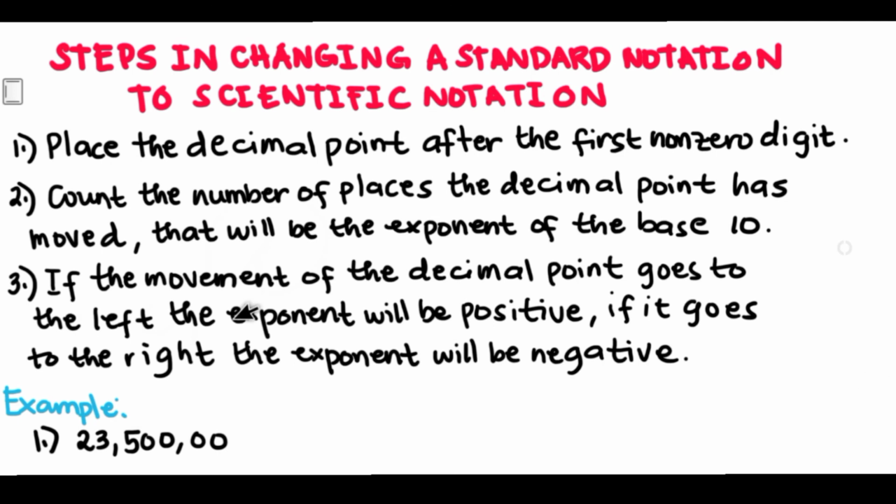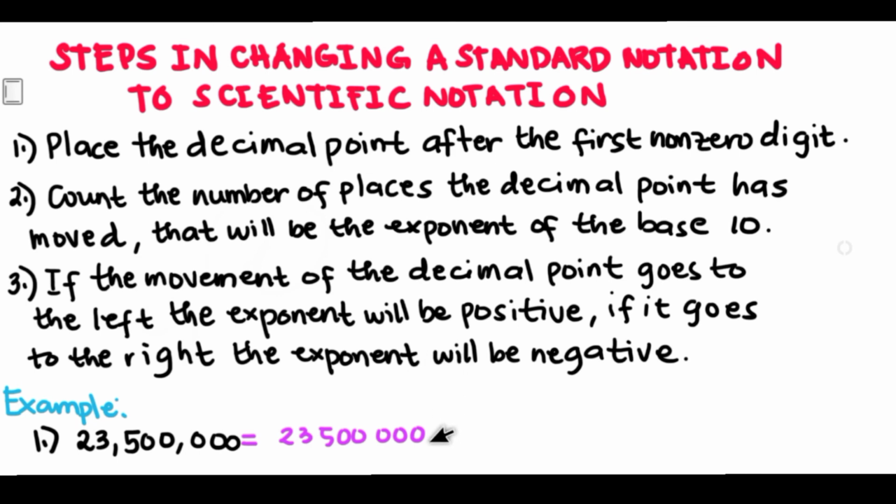So ano ba dyan yung unang hindi 0? 2. So sabi dyan, ilagay daw yung decimal point sa pagkatapos ng unang hindi 0. So yun po ay 2. Copyin ko lang muna yung 23,500,000. Pag ganyan po yung number at wala pa kayong nakitang decimal point, automatic nasa dulo po yung decimal point.